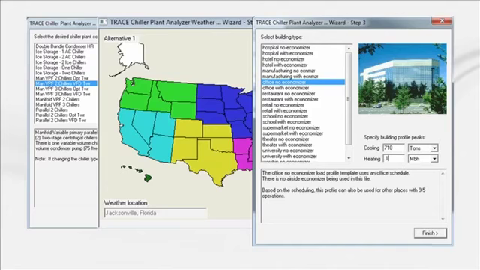In addition, if you want, you can input your own load profiles. With that said, the most time-consuming portion of Trace is the architectural input, and we did all that literally in a minute. Now, all the chiller plant and economic capabilities of Trace are available to us.